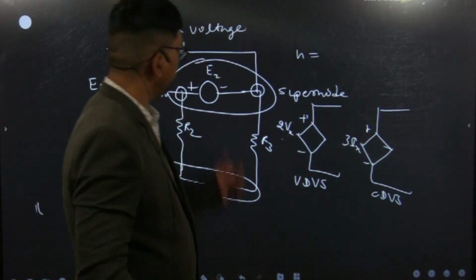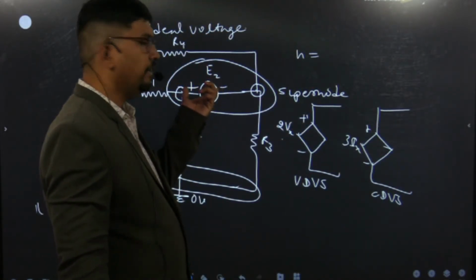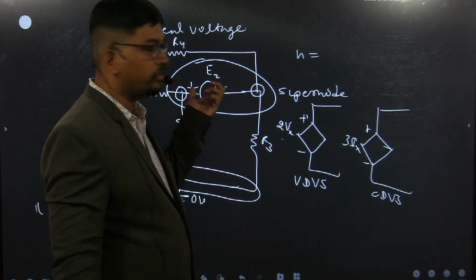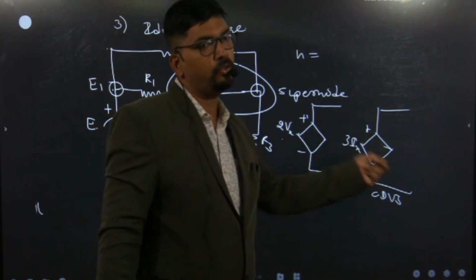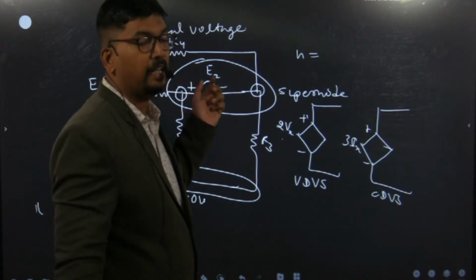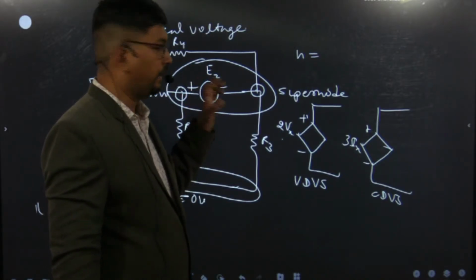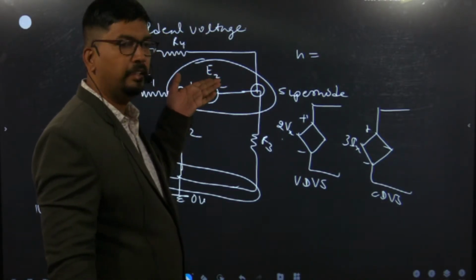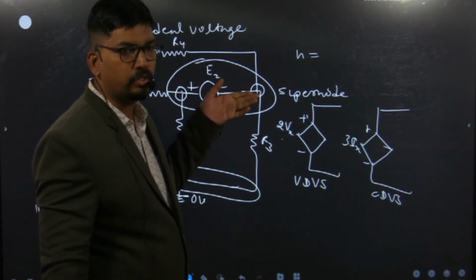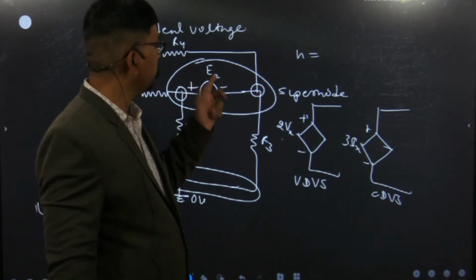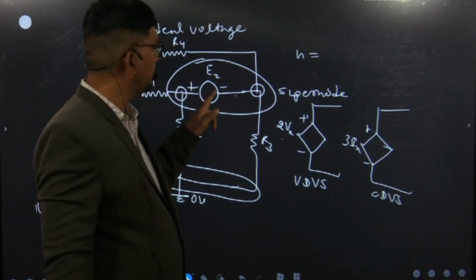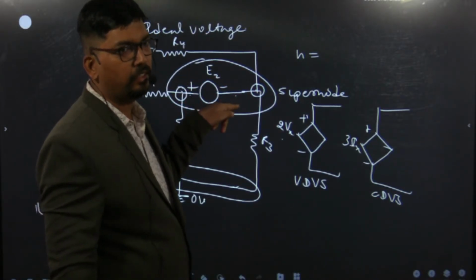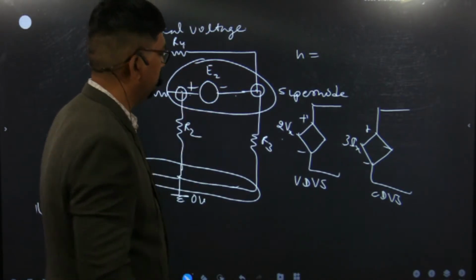So in place of this independent voltage source, there may be a dependent source also present, and in that condition it is also called a super node. The condition is that both the independent or dependent source should be ideal. There should be no resistance present on the left hand side or the right hand side of the ideal voltage source.